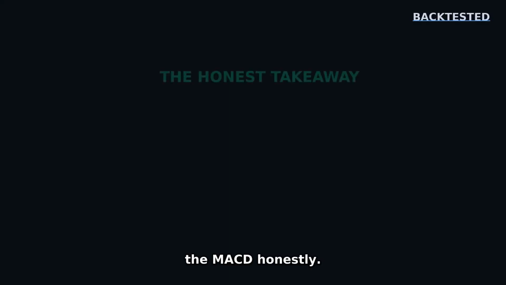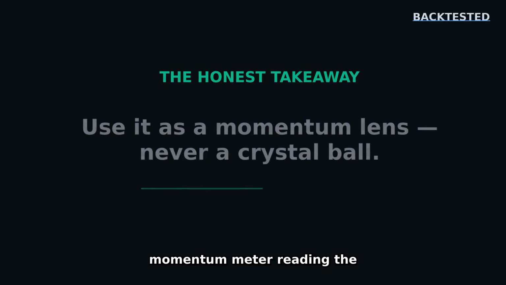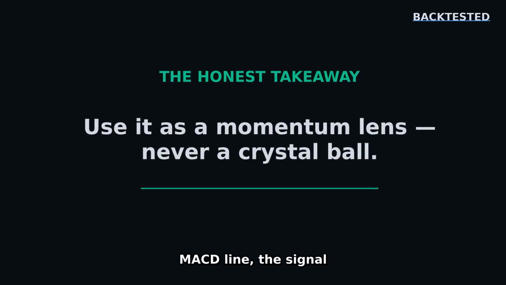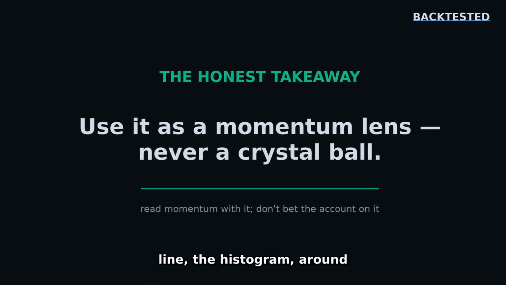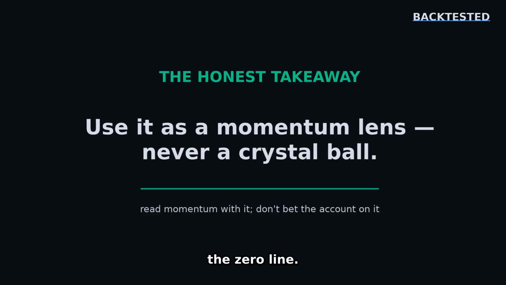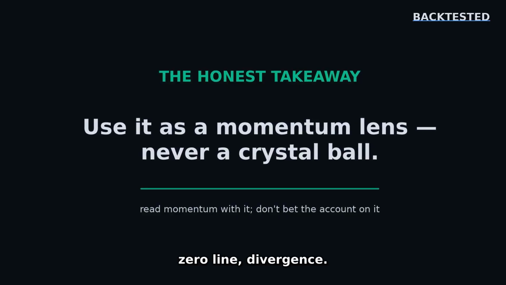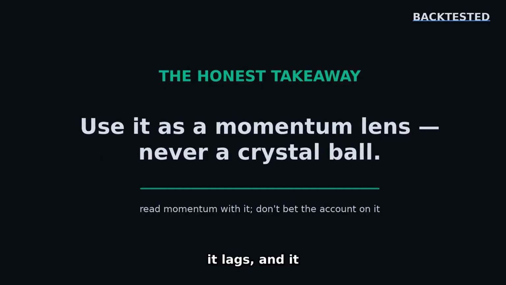So now you know the MACD honestly. What it is, a momentum meter reading the gap between two averages. It's 3 parts, the MACD line, the signal line, the histogram, around the zero line. It's 3 reads, crossover, zero line, divergence. It's 2 real weaknesses. It lags, and it whipsaws in chop.